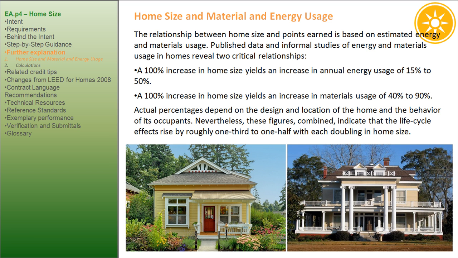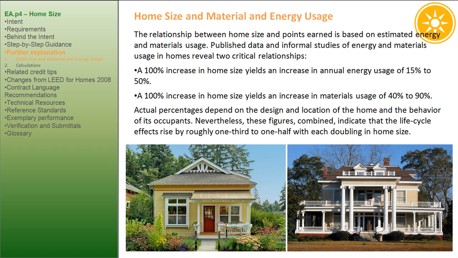The relationship between home size and points earned is based on estimated energy and materials usage. Published data and informal studies of energy and materials usage in homes reveal two critical relationships. A 100% increase in home size yields an increase in annual energy usage of 15% to 50%.